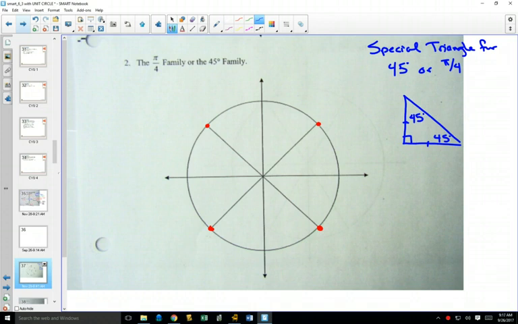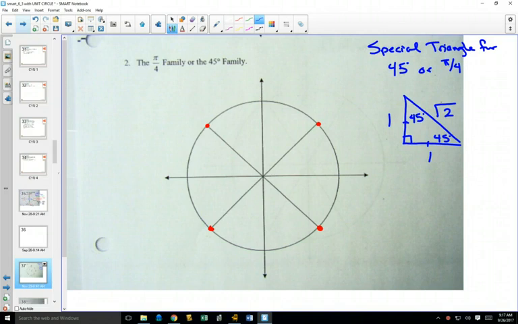I could pick 1, I could pick 2. If I really want to put myself through some painful mental math, I can pick 1,482. I'm not going to do that. But if I chose 1 here, I have to choose 1 there. If I chose 2 on one, I had to choose 2 on the other. And if you do a squared plus b squared equals c squared, you will get the square root of 2 as your hypotenuse.